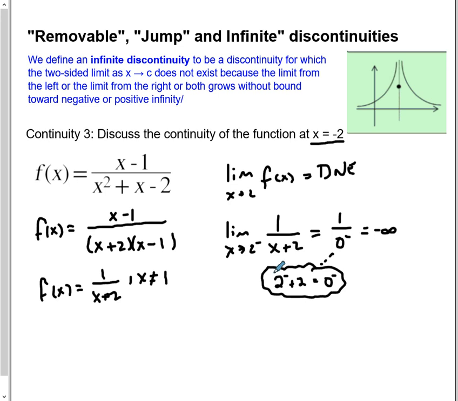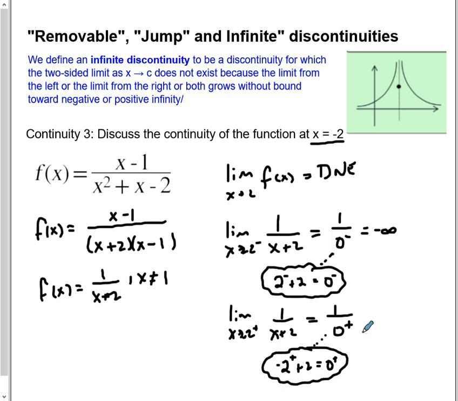Now you could use a table here to indicate that as well. If we take the limit as x approaches negative 2 from the right of 1 over x plus 2, that means that we're taking 1 over something approaching 0, but this time from the positive side, because if you take a number that's slightly greater than negative 2, that is slightly to the right of negative 2, you take negative 1.9, negative 1.99, and so on, and you add 2, you're going to get a number that's slightly greater than 0.